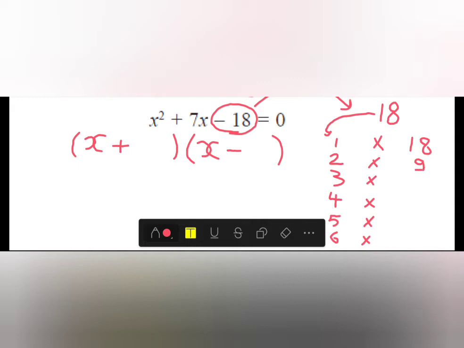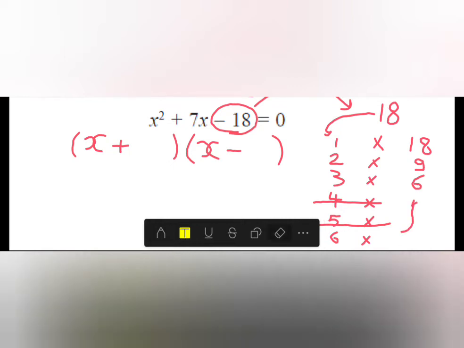Good job. 18 divide 3 equals 6. 18 divide 4. Can I divide 18 by 4? It will give me a decimal number, so I'm not going to work with it. Same idea with 5, it's going to be a decimal number, and 6 is already used, so I'm not going to do it again. So I'm going to stop at 3 times 6, and these are the factors that make up the number 18.